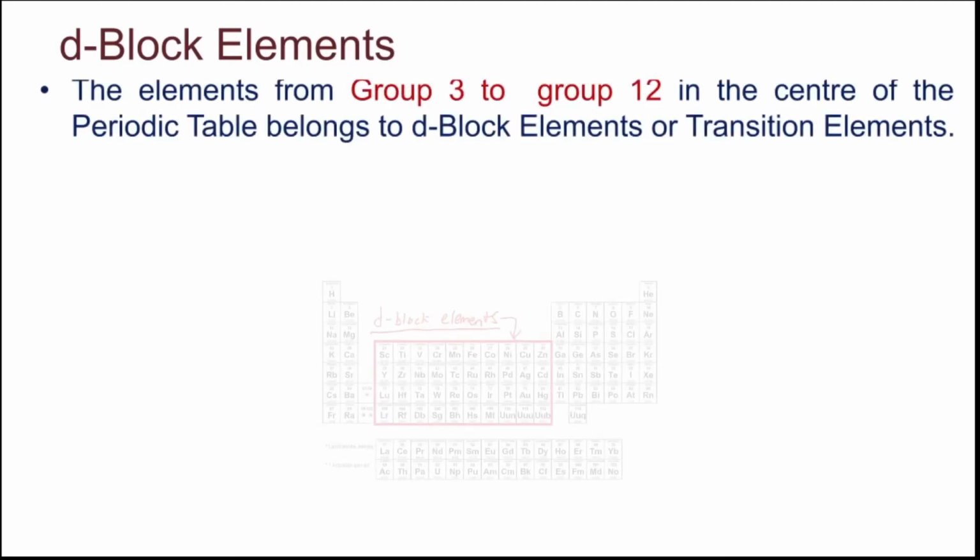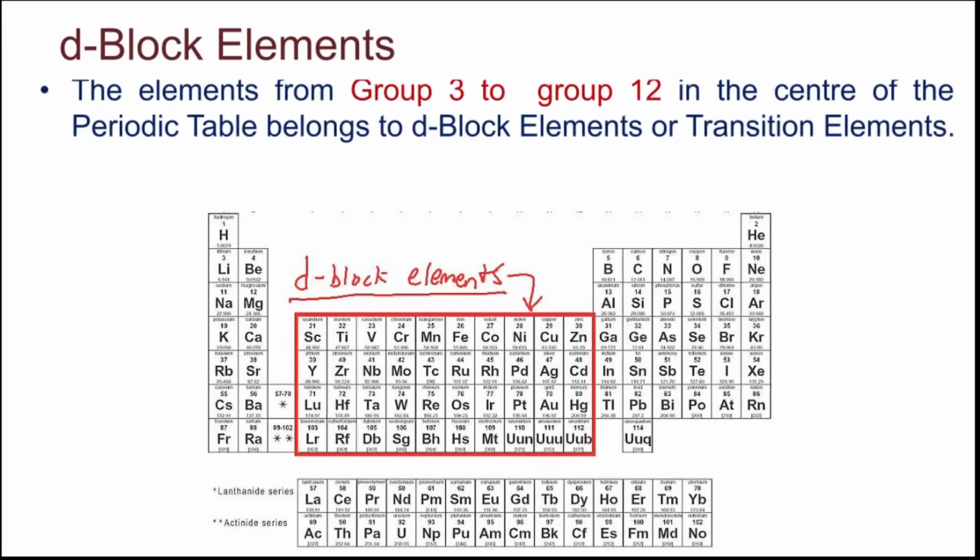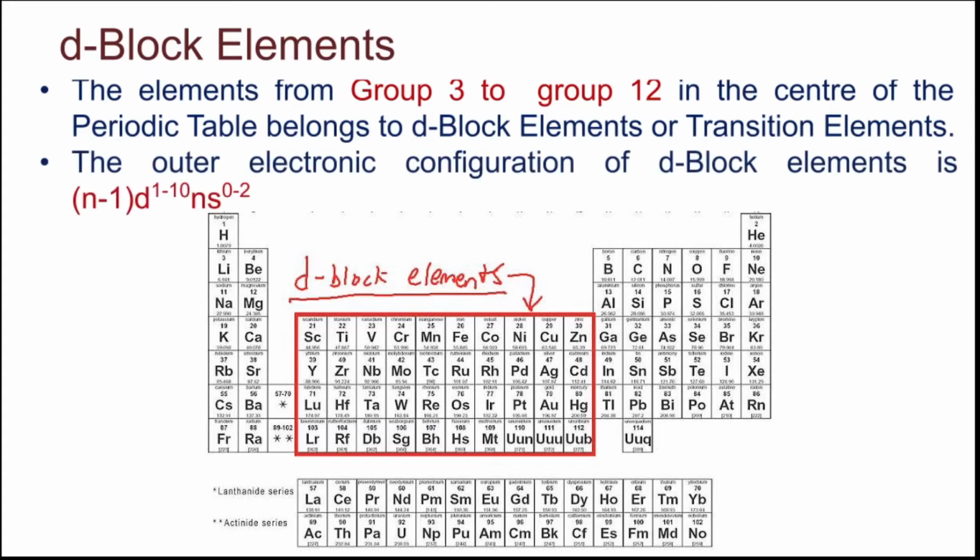Next, let us discuss d block elements. The elements from group 3 to group 12 in the center of the periodic table belong to d block elements, or we can also call them transition elements. The outer electronic configuration of d block elements is (n-1)d 1 to 10 ns 0 to 2.